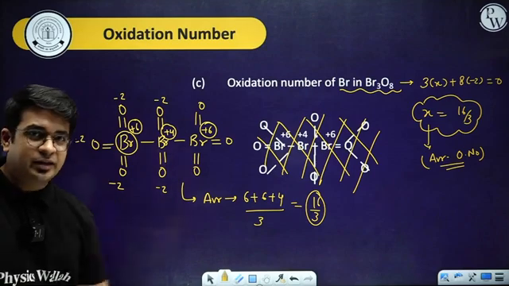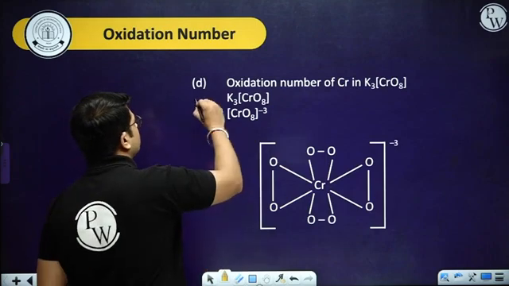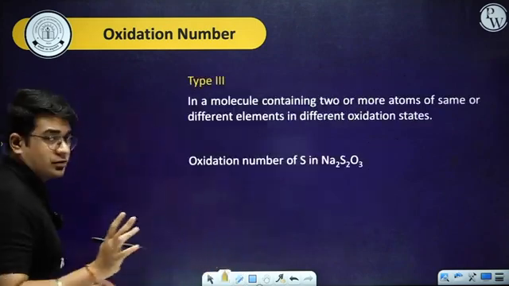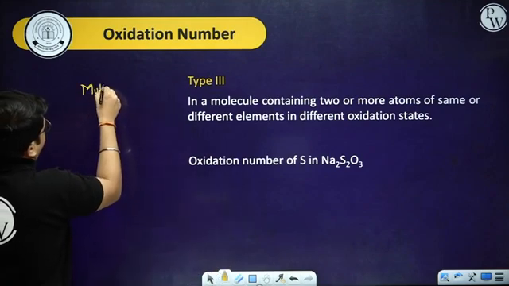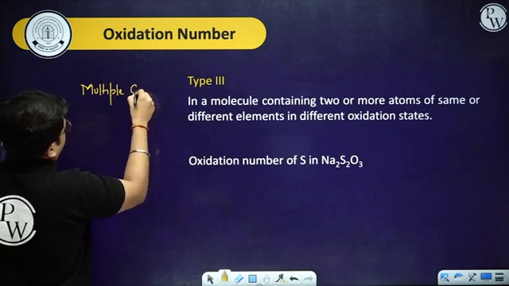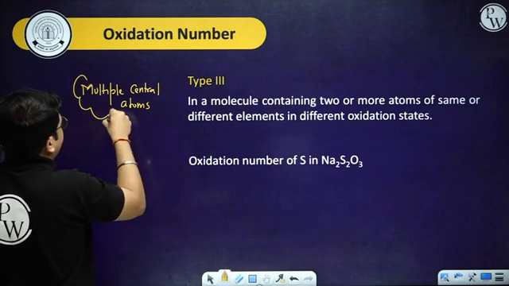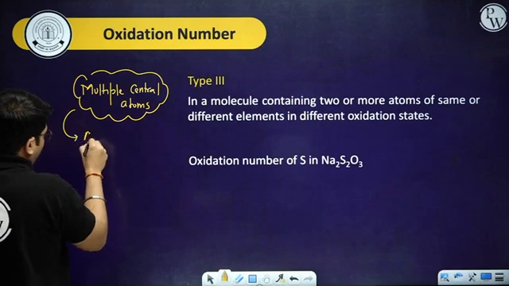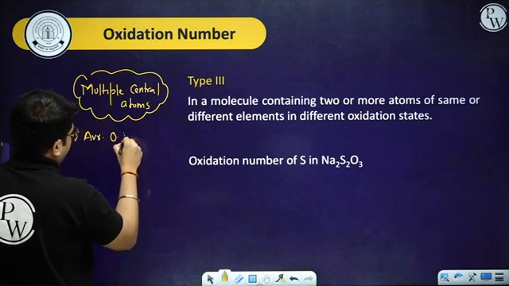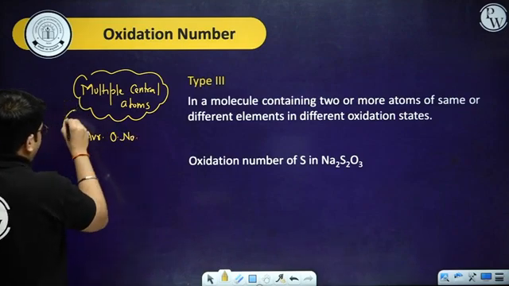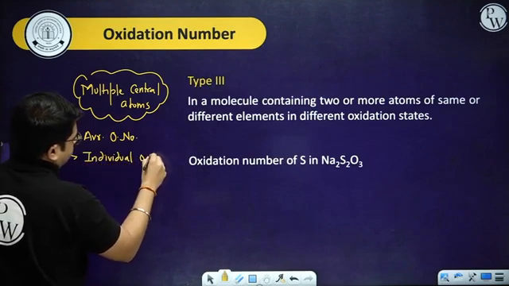So there is one important thing which I want to mention in the entire analysis. This part we already completed, so there is no need to discuss. One thing which I want to mention: if we have multiple central atoms, then you can see the difference between the average oxidation state, or you can say oxidation number, and the individual oxidation states.